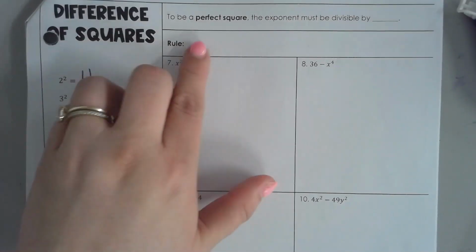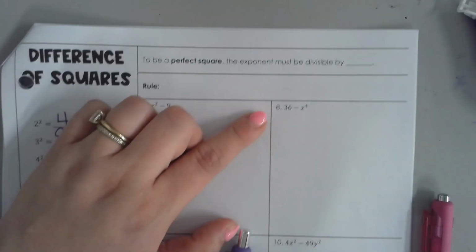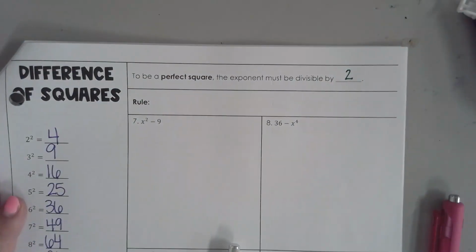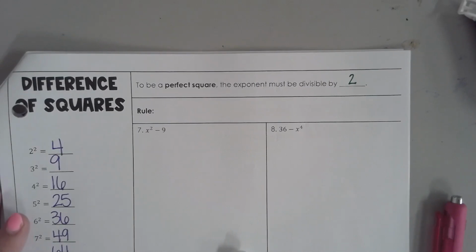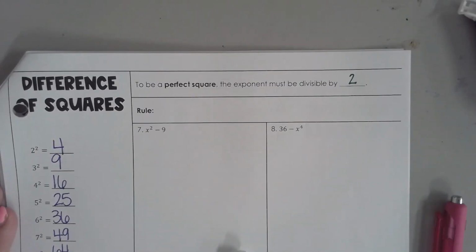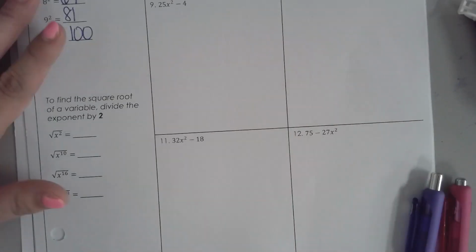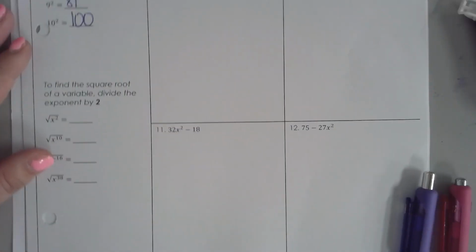In order for them to be a perfect square, their exponent must be divisible by 2. So if I ask you to take the square root and you've got an x, you can only do that if the exponent is divisible by 2. And all you do is divide that exponent by 2, and that takes care of the square root.